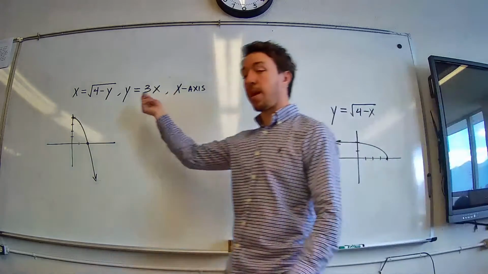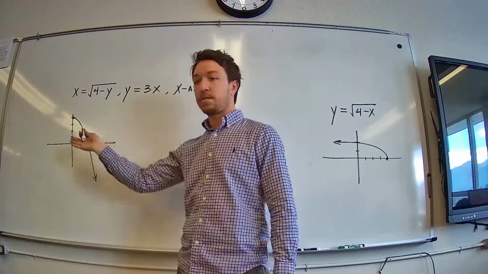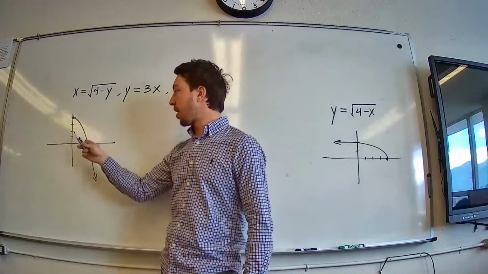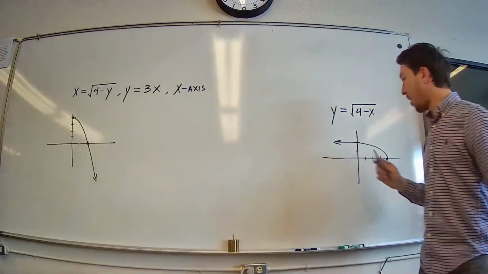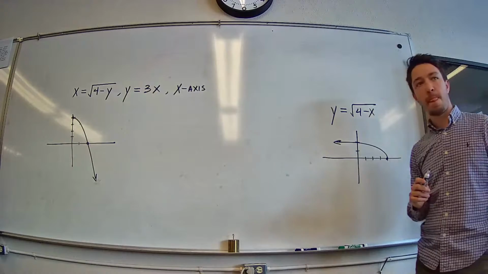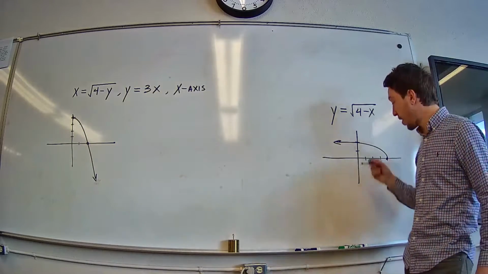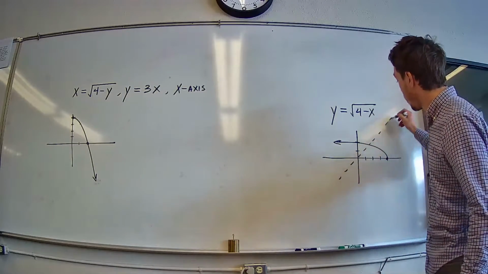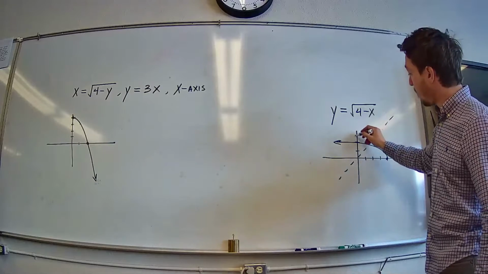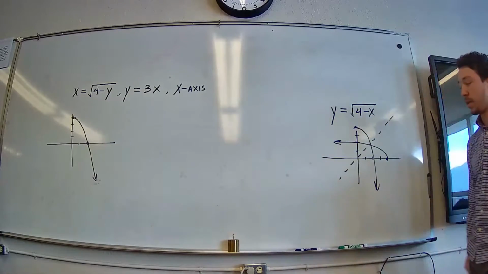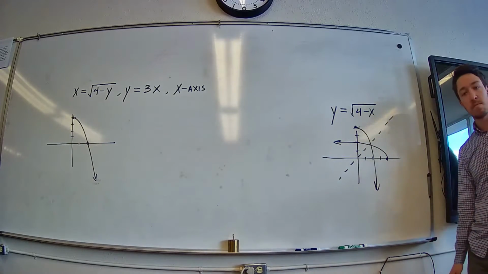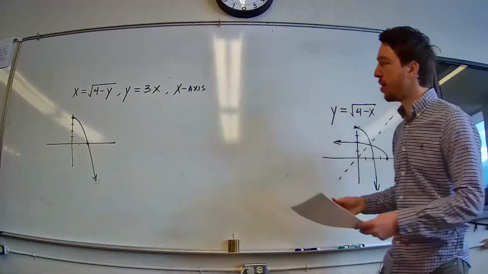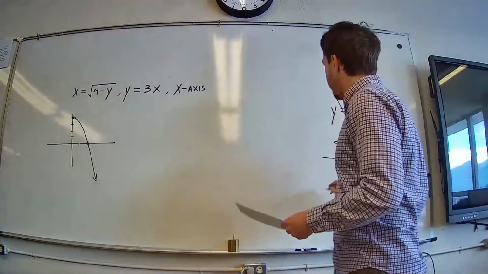Therefore, when you swap the x and the y variables, this guy is a reflection of this guy over what? Y equals x. So if I graphed y equals x and reflected it over, it would look like that, right? That's what happens when you swap the x and y. Anyway, we're not doing that.